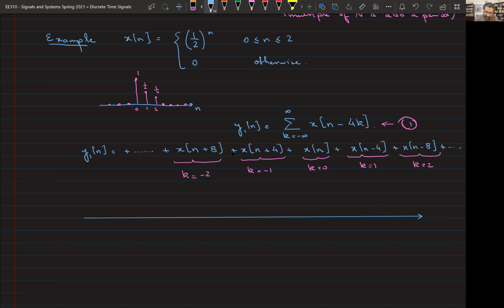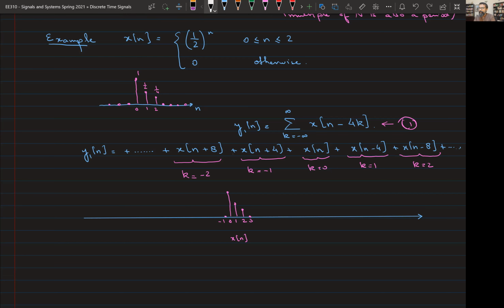So if I just sketch what this x of n is, x of n is something like this, where this is 0, this is 1, and this is 2. The pink thing here is x of n, and is 0 at all other places. And this is 3, and this is minus 1, and so on and so forth. What about x of n minus 4? What would that be?